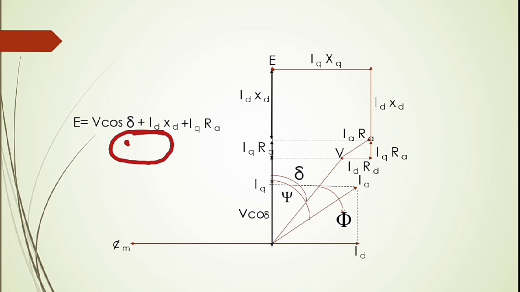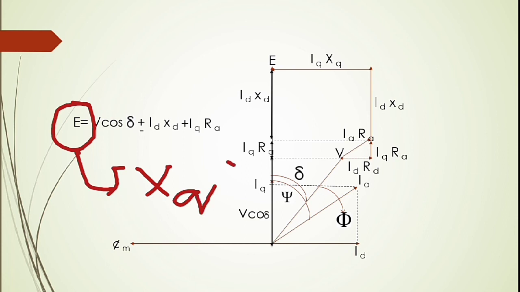My observation is that there is no impact of Xq on emf. Whatever reactance we get on the q axis doesn't make any impact on emf. Here you see we do not have any Xq terms. So that is the important thing.